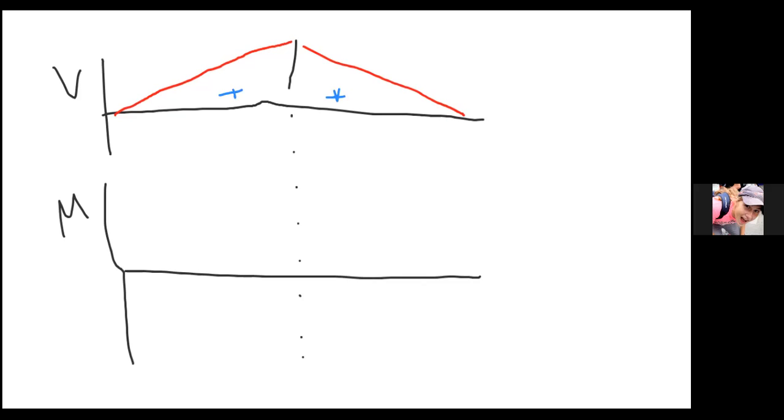But the question is kind of what is my rate of increase? So we just have to think about how much V is changing. V is only changing a little bit down here as we go this way, whereas up here it's changing a lot more. So what this moment diagram would probably look like is you would start out kind of gradual with your change, and then you would go more rapid.